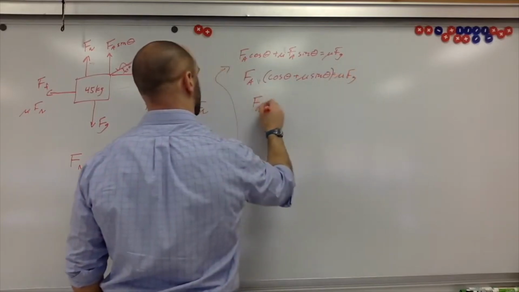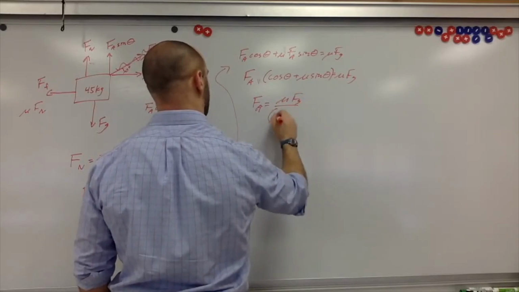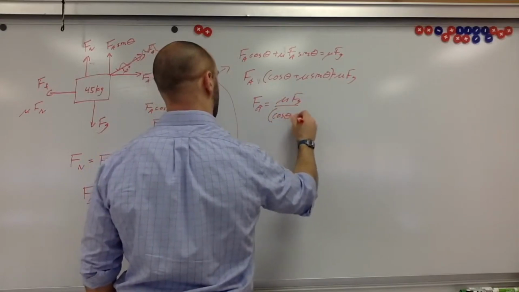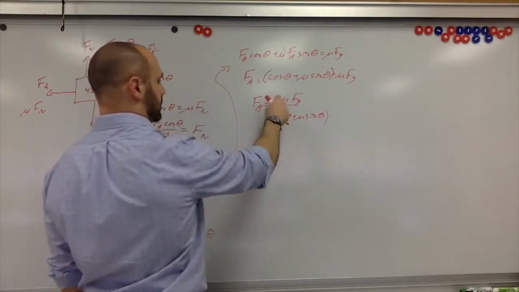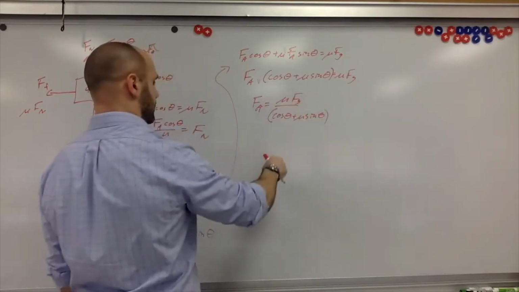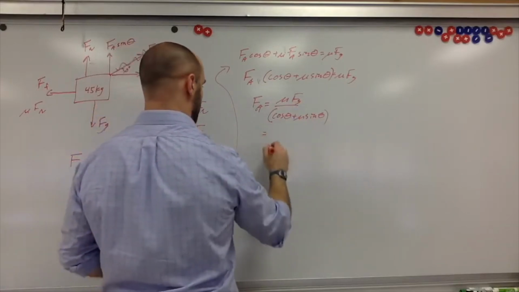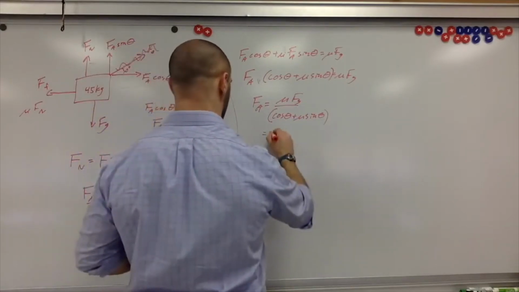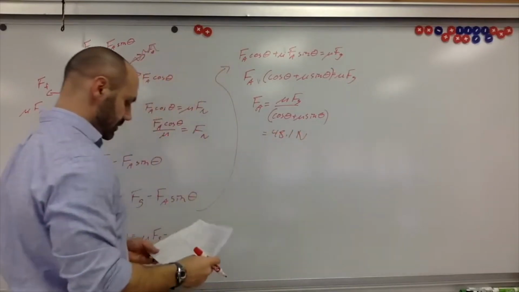So Fa is equal to mu Fg over cosine theta plus mu sine theta. When you plug in all the numbers, 0.1, 45 times 9.8, and 30 degrees, you should get something like 48.1 newtons. So that's what Fa is.